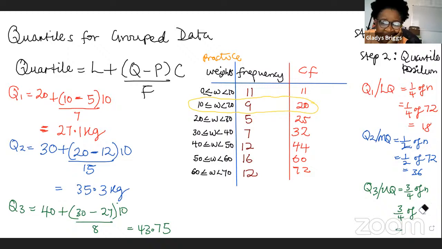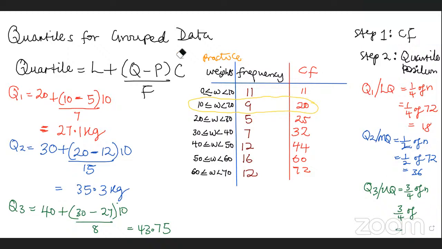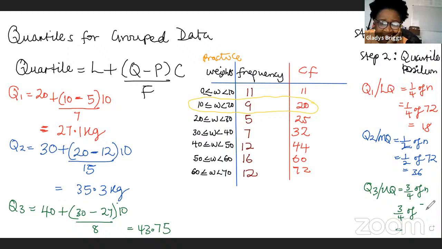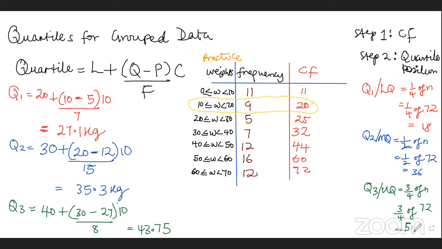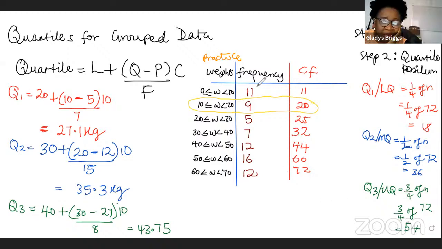I said 36. Oh, okay, I heard you wrong then. So 3/4 of 72 is 54. Okay, so now we got them all.